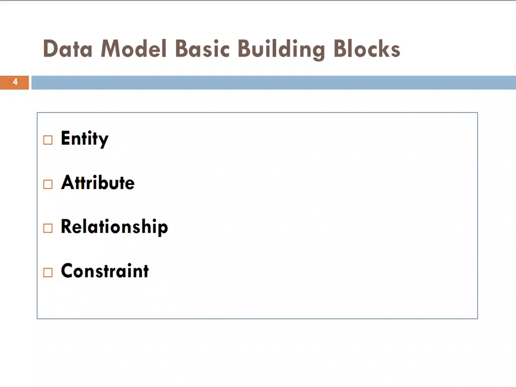We have also seen a few types of data model: hierarchical, network model, relational model, and the last part that we have covered is the entity relationship diagram. I have also given you exercises related to ERD.